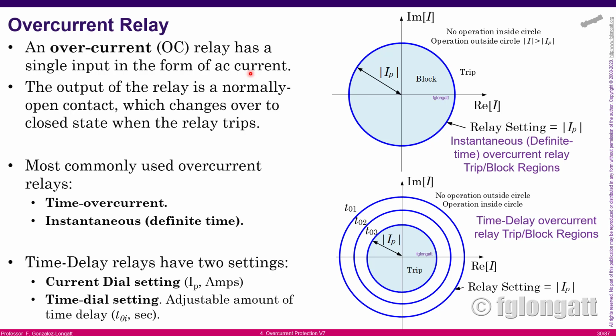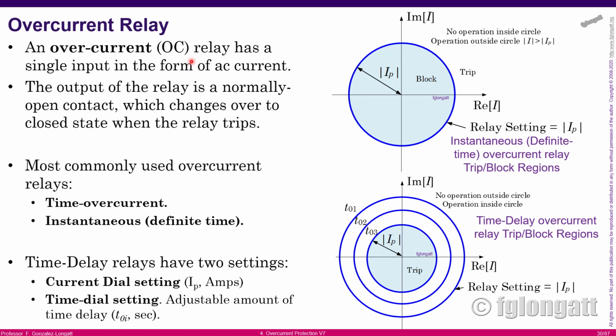Here I will go extremely fast because what we need to think about is that a typical overcurrent relay has a single input, and the single input is the AC current, okay? I am talking about non-directional overcurrent relays.